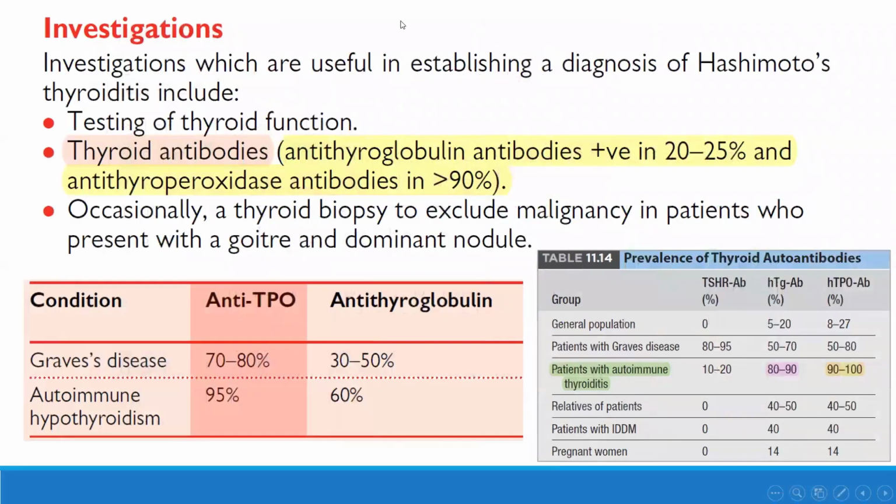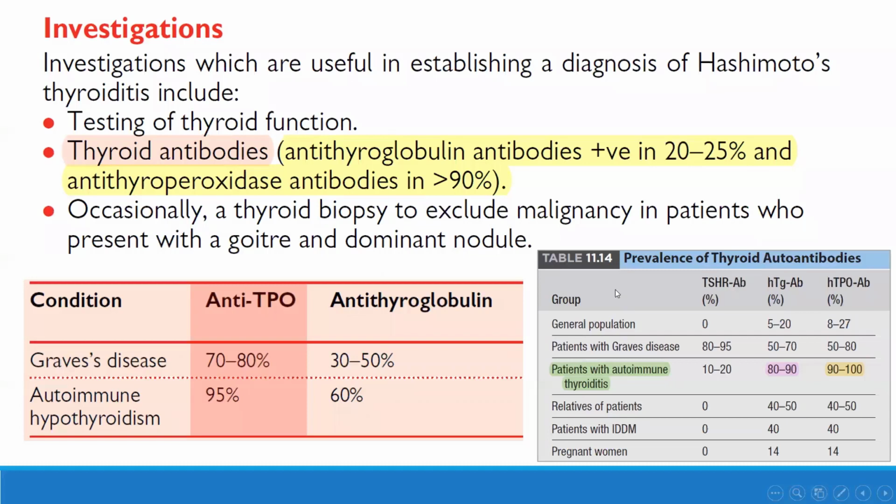What is the investigation? The most important to diagnose Hashimoto thyroiditis is thyroid function test and thyroid antibodies. Don't forget the thyroid antibodies, I mean anti-TPO and anti-thyroglobulin. Here in the Oxford book, they mentioned that anti-thyroglobulin antibody is positive in about 20 to 25%, but in this table, anti-thyroglobulin is positive in about 60%.